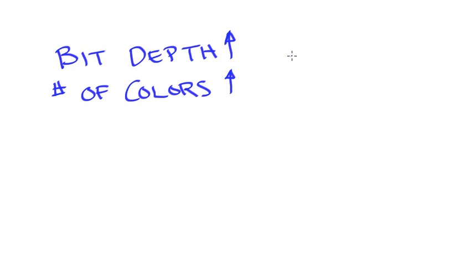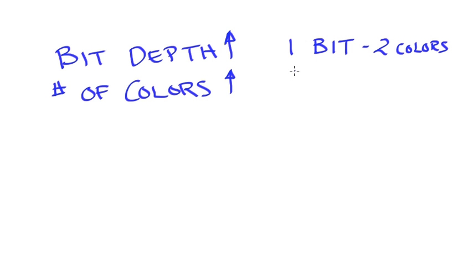For example, if I have a 1 bit, bits are either 1s or 0s. So with 1 bit, I could represent 2 colors. If it were a black and white image, a grayscale image, my 2 colors typically would be black and white. With some file formats, I can specify what those 2 colors would be. They could be any 2 colors.